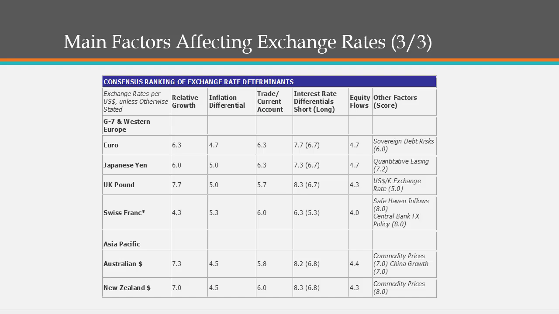There are other currencies, like the Australian dollar, where minerals, the mining industry, play a very crucial role, commodity prices, and of course Chinese growth. This is not the case with Europe. Europe is all about politics and interest rate differentials. So this is important.